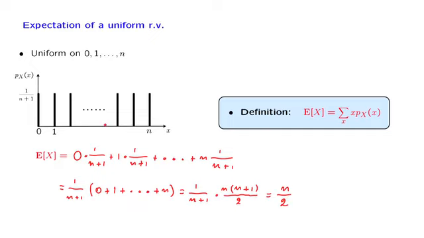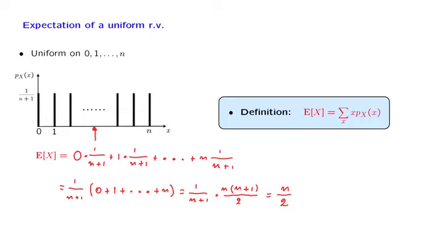Incidentally, notice that n over 2 is just the midpoint of this picture that we have here in this diagram. This is always the case. Whenever we have a PMF which is symmetric around a certain point, then the expected value will be the center of symmetry.